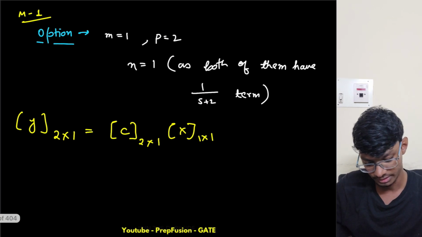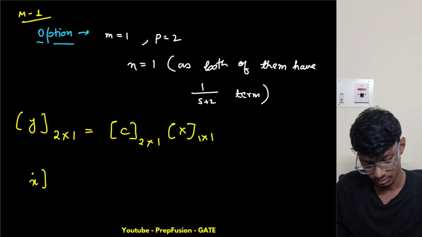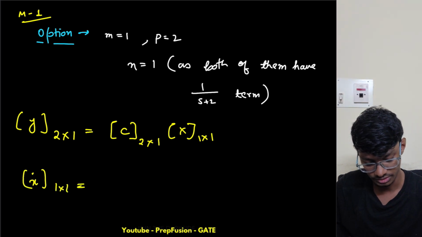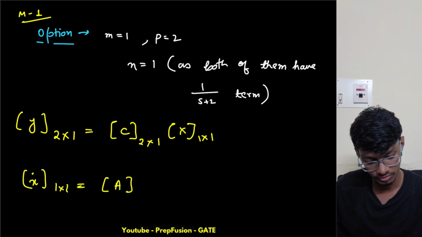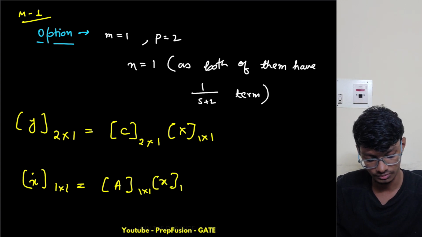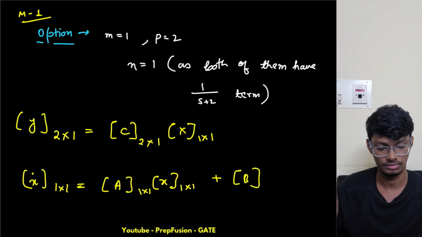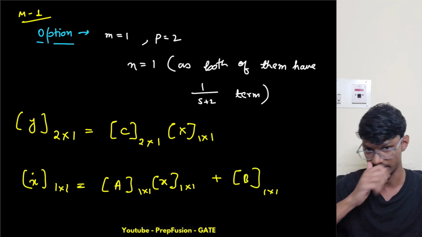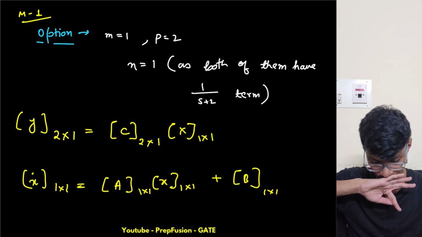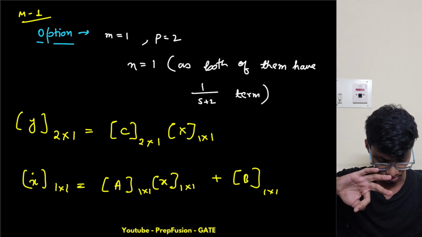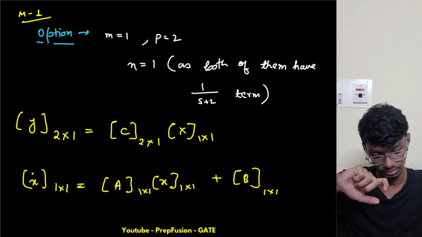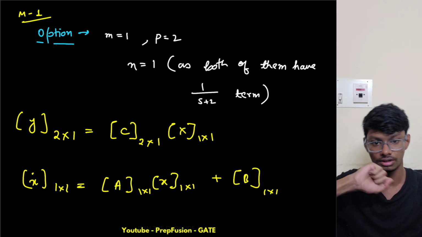So what I can write here is that x dot will be 1 cross 1 only, equal to A, which is also 1 cross 1, times x, which is 1 cross 1, plus B, which is n cross m. Sorry, I'm saying it wrong again. It is n cross m.